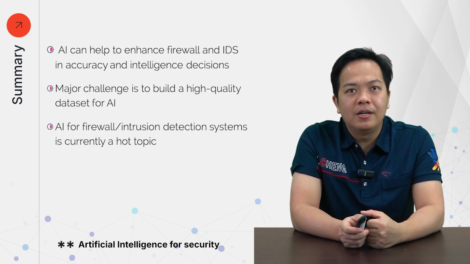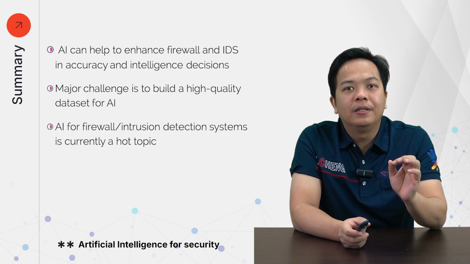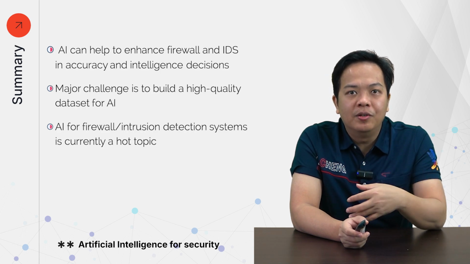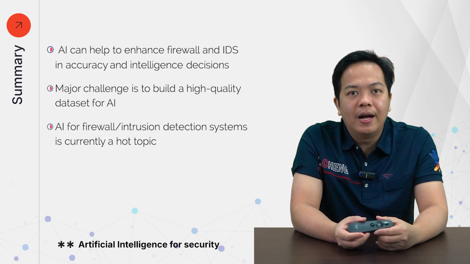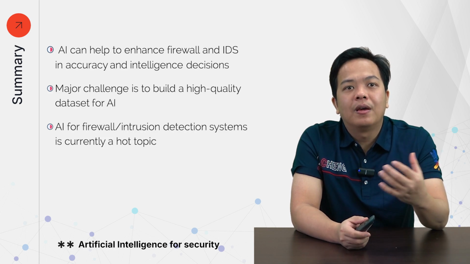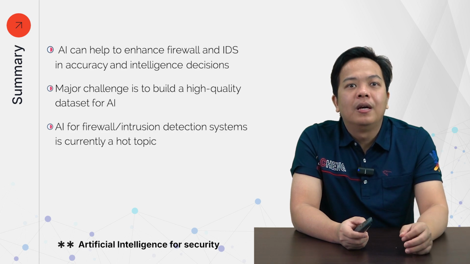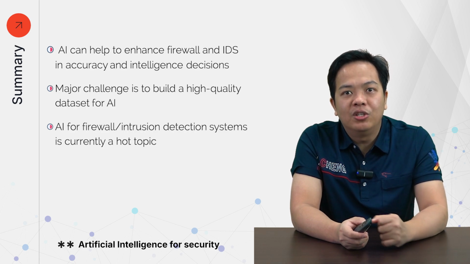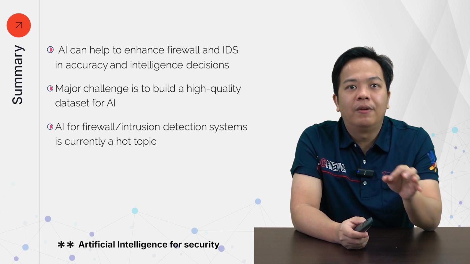And the last one is that AI for intrusion detection systems is still a very hot topic and still under development and research. So if you are interested in this topic, you can look in more detail at how you can use AI for firewalls, like a level 7 firewall, and use AI for IPS, like an intrusion prevention system, and use AI for intrusion detection systems in 5G or 6G, right?